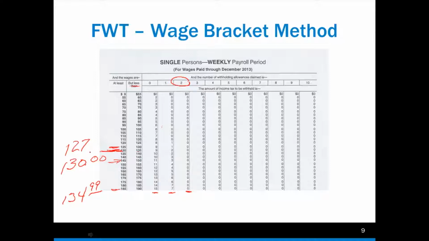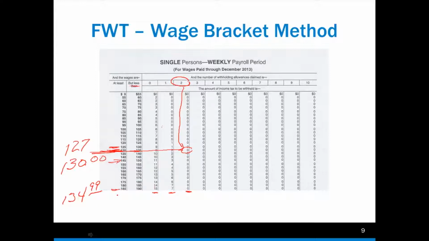In this case, we were looking at this row, and we had claimed 2 deductions. So here's our 2 deductions. We're cross-referencing here, and it tells us that we would have 0 withholding. Now this was the top part of the form, and to be honest with you, the tables in the Circular E have a lot of pages because they go up to much higher amounts than $185.